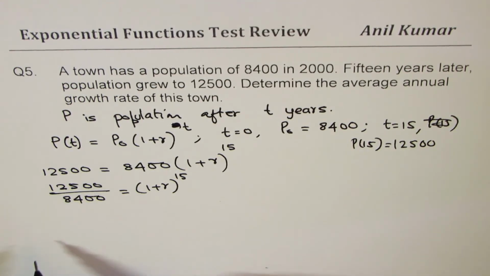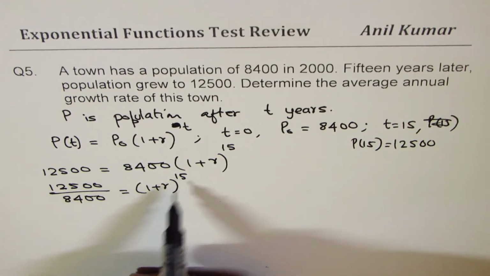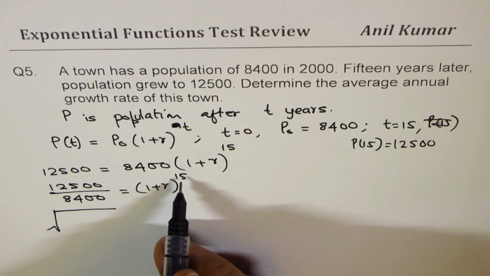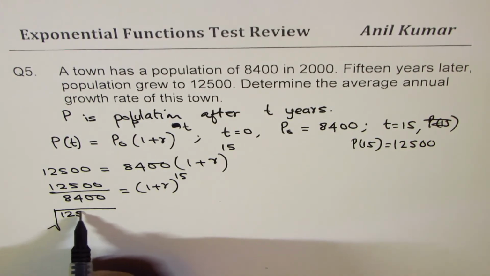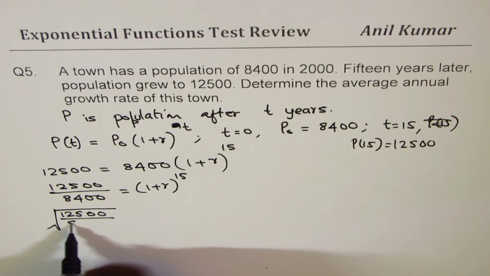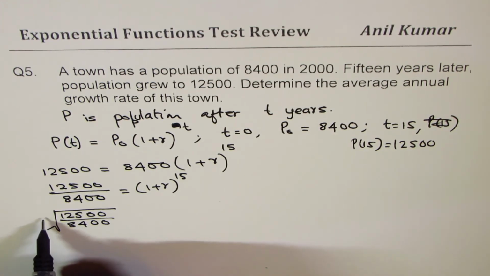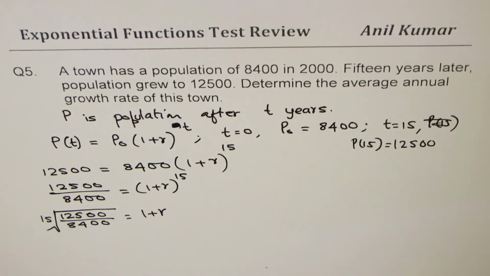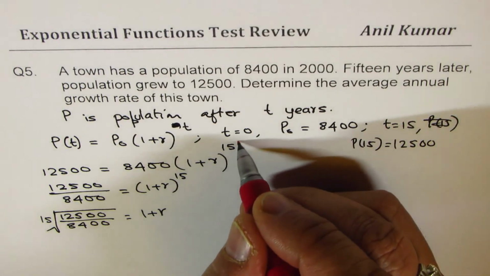Of course, you can simplify this, but I'm not doing so that you can see all the steps very clearly. Now we'll take the 15th root, right? So the 15th root of 12500 over 8400 is 1 plus r. So what is r equal to? Now you know it, right? You can definitely solve this equation.